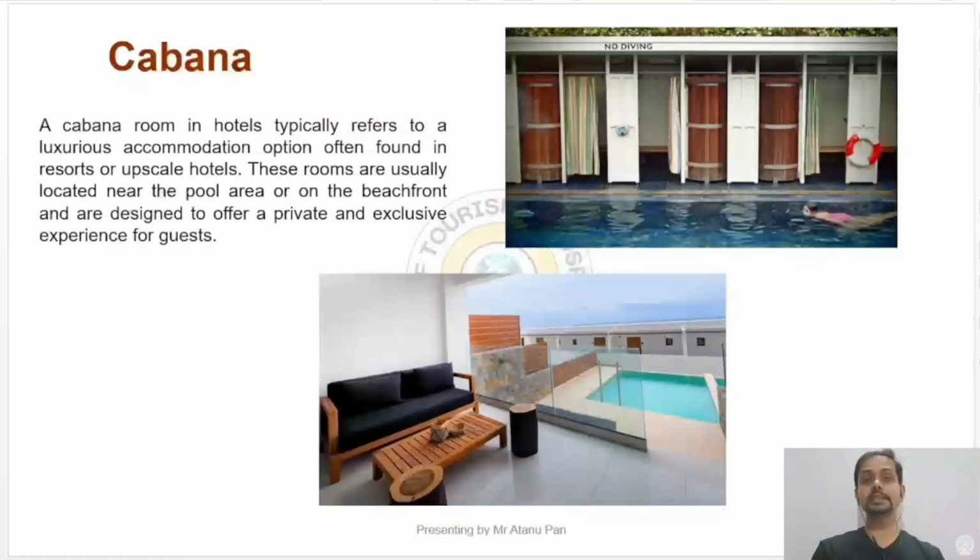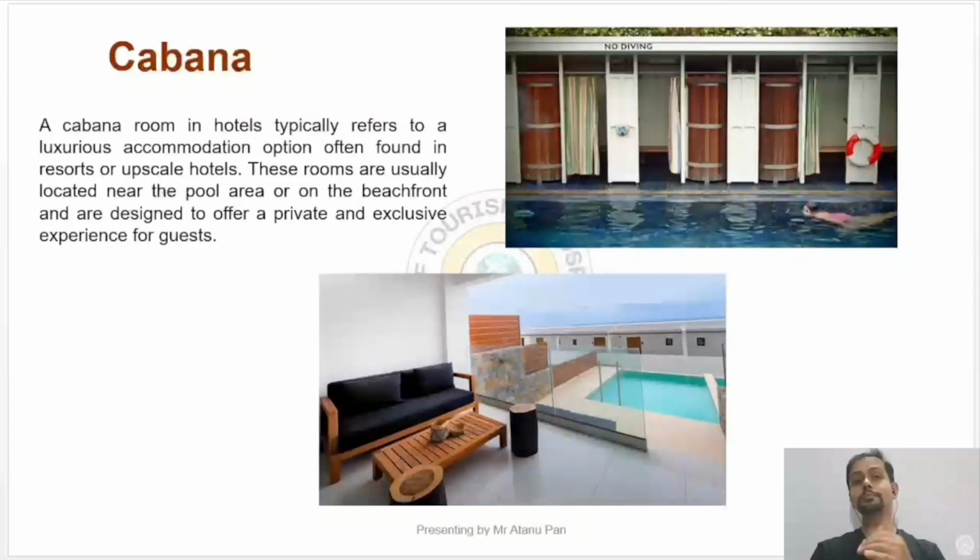But nowadays the concept has changed a little bit. So nowadays, how can you define a cabana? Basically, a cabana is a guest room which is located near the swimming pool. That is called a cabana. Here you can see these rooms are usually located near the pool area or on the beach front, and are designed to offer a private and exclusive experience for the guest.